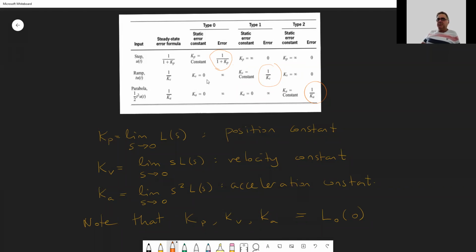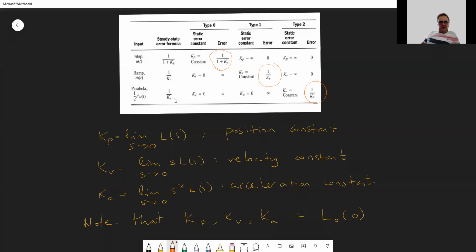For a ramp input, for a type 0 system, the steady state error would be infinite. For a type 1 system, the steady state error would be 1 over Kv. And for a ramp input and type 2 system, steady state error would be 0.